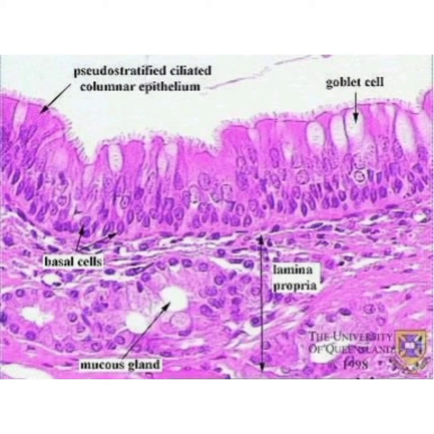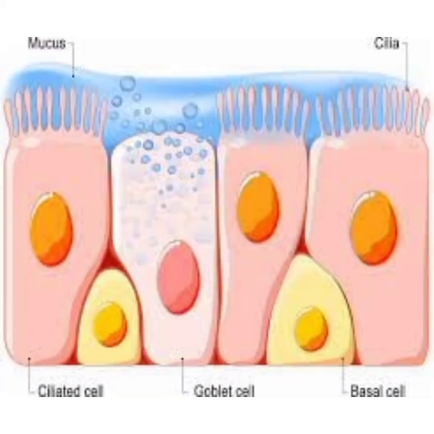Coming to the components of the respiratory epithelium. This respiratory epithelium has 5 major cell types, mainly the ciliated columnar cells. These are the most abundant cells, and each has 250 to 300 cilia on the apical or superior surface.